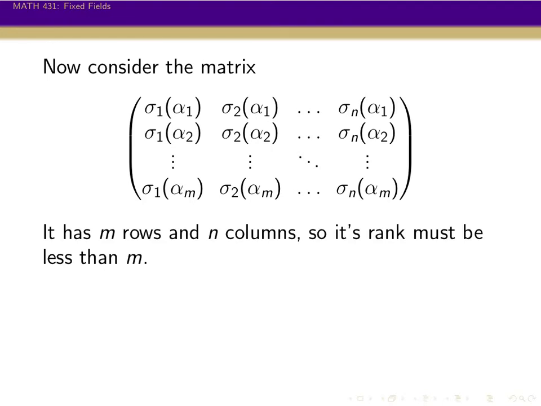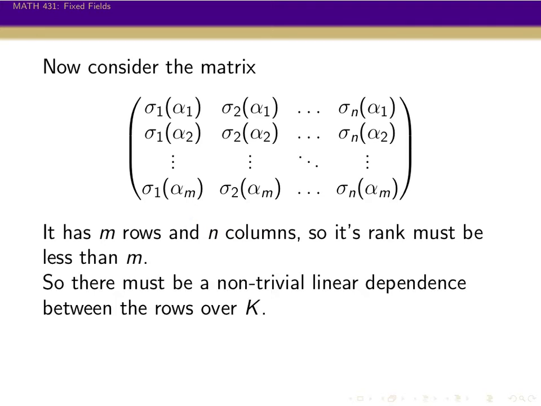So now this has m rows and n columns, so this has more rows than columns because m is bigger than n. And so if it has more rows than columns, then the rank has to be less than m, less than the number of rows. Okay? Because at most the rank of this matrix can be n.